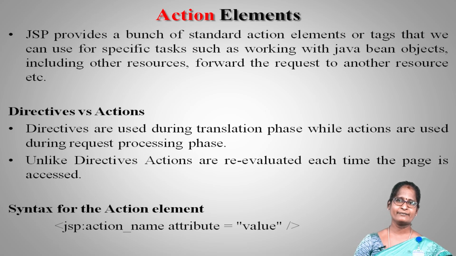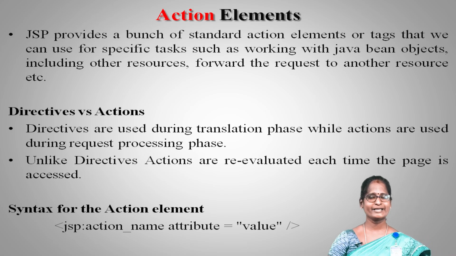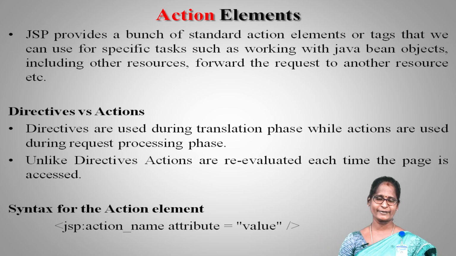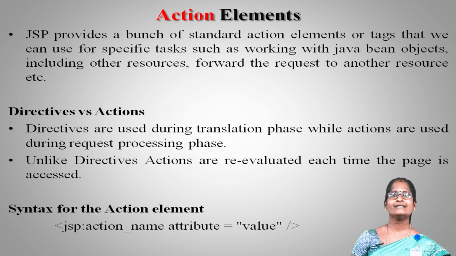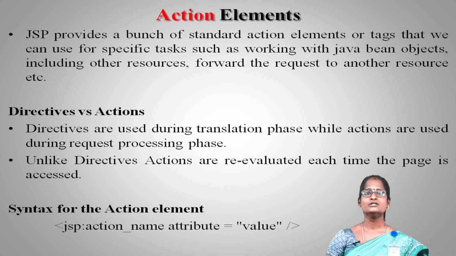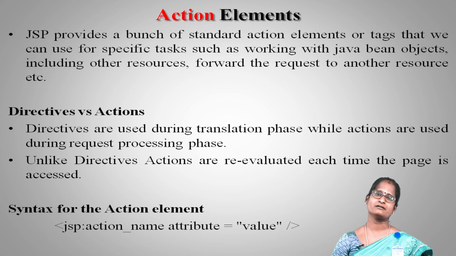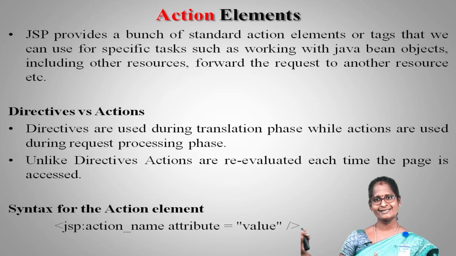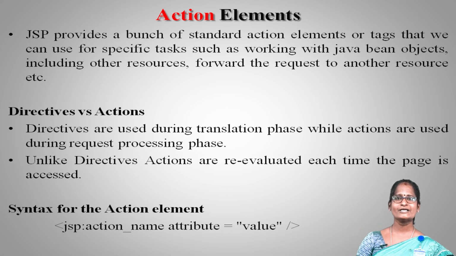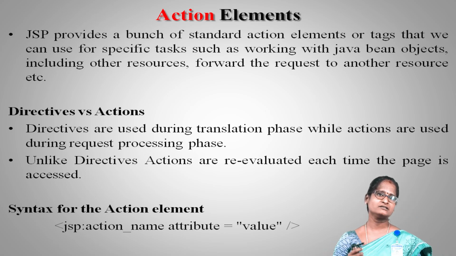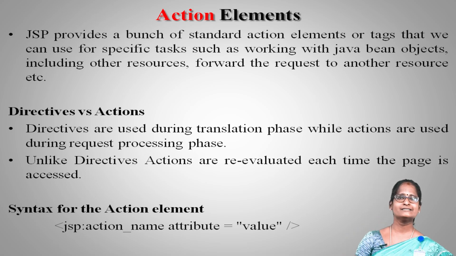Then the list of standard action elements in JSP. jsp:include includes a resource at runtime, which can be HTML, JSP or any other file. jsp:useBean creates a new object of the Java bean. jsp:forward forwards the request to another resource or page. jsp:text writes template text into the JSP page. jsp:element defines XML elements dynamically. jsp:attribute defines the attribute for XML elements.